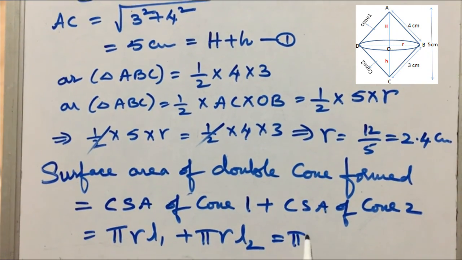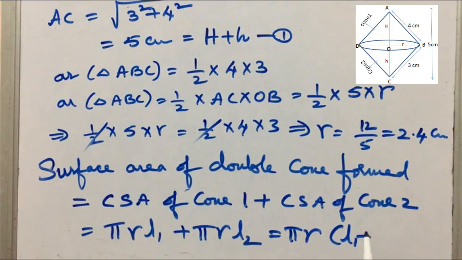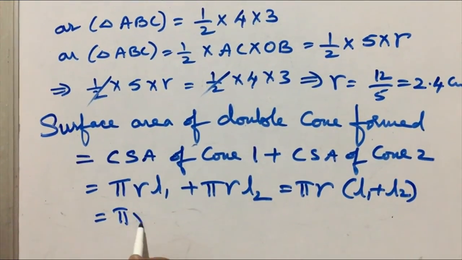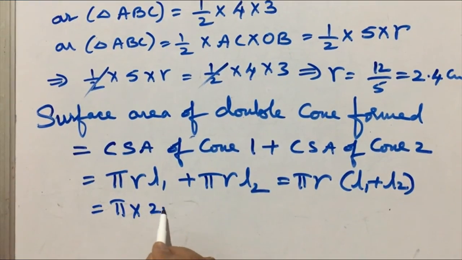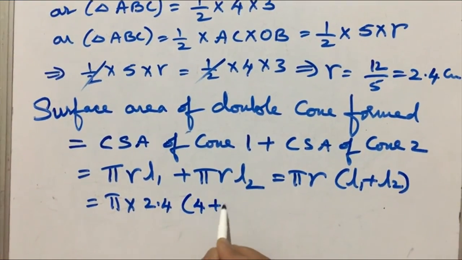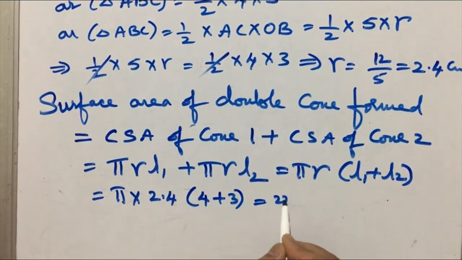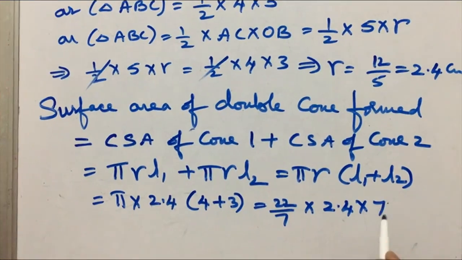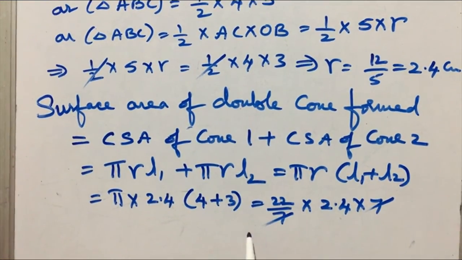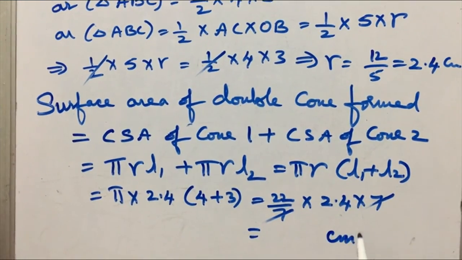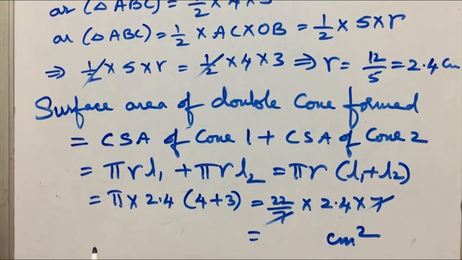So pi r you can take in common, L1 plus L2. It is pi into r, which is 2.4, into L1 plus L2, meaning 4 plus 3. Then 22 by 7 into 2.4 into 7. By doing the simplification, we are going to get that particular answer in square centimeters.